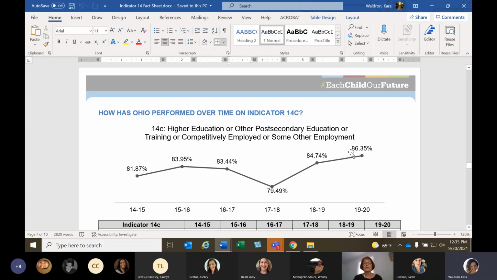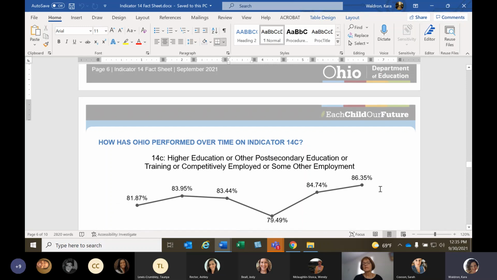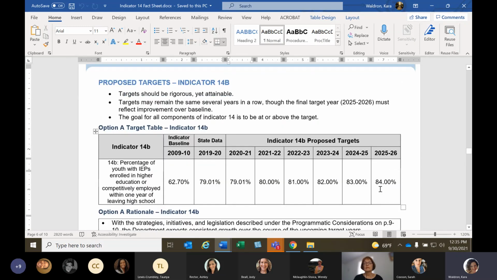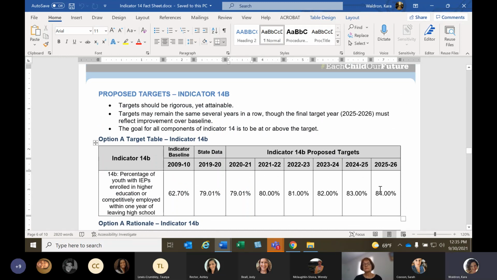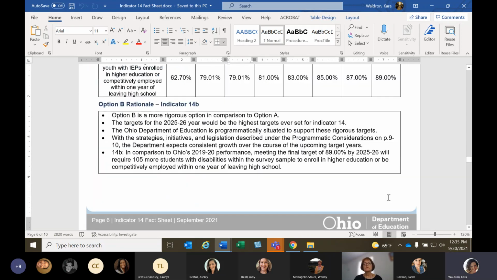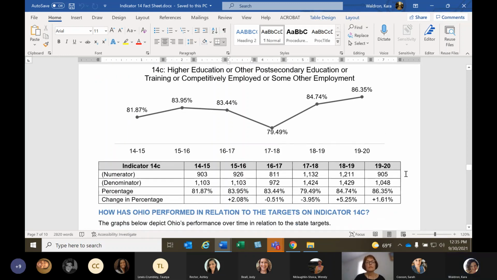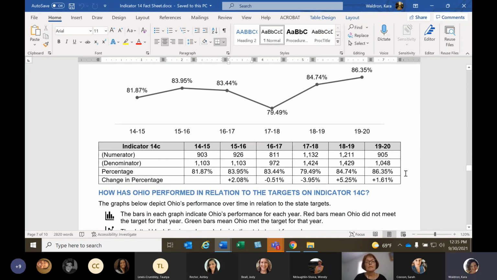In our most recent year, we do get up to an 86.35%, but just comparing that to where we left off in 14B, we're at 79%. So we increase when we add in the final group from roughly 79% to 86.3%. So the bulk of our students surveyed are in competitive employment or higher ed.